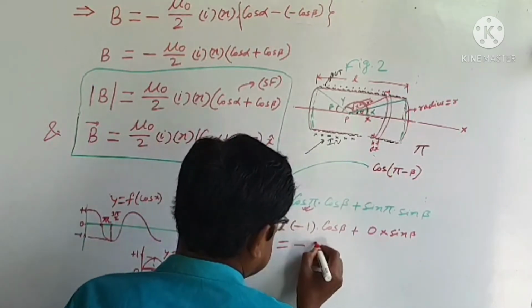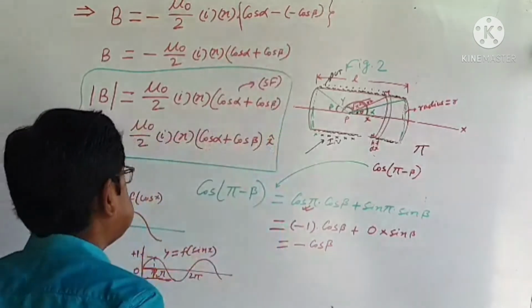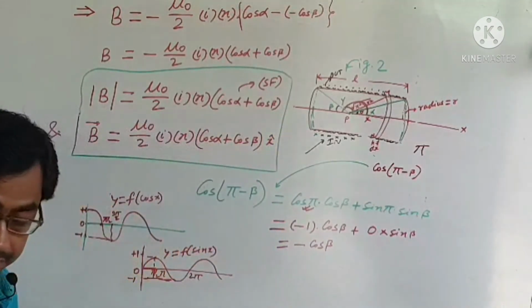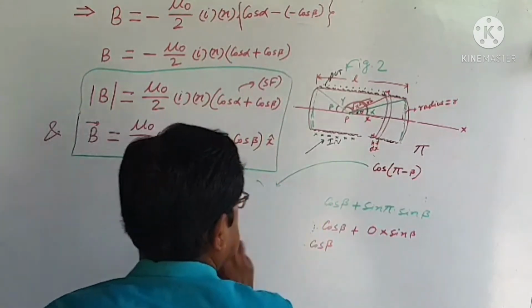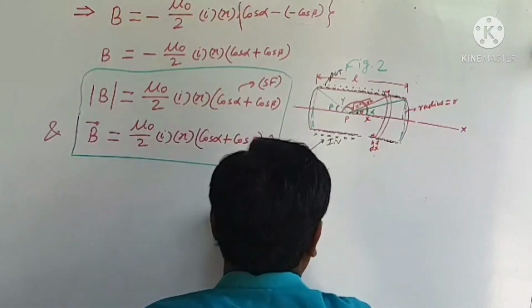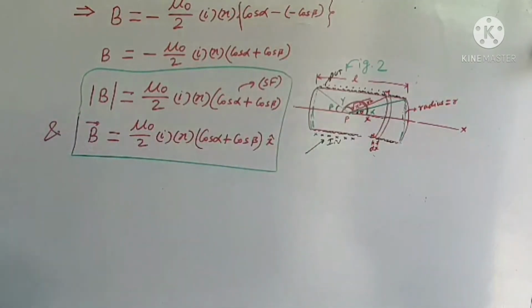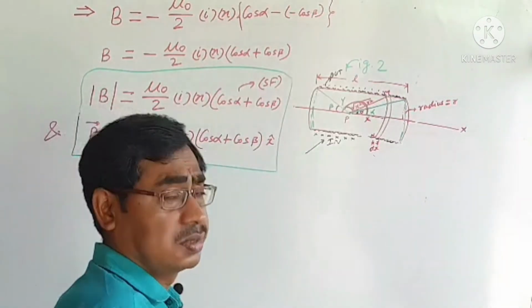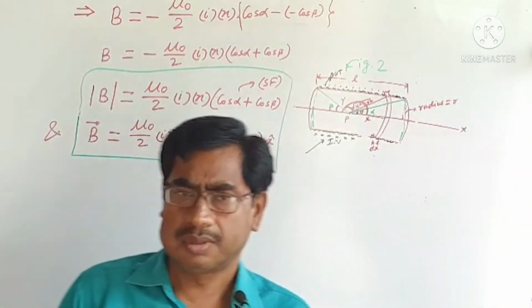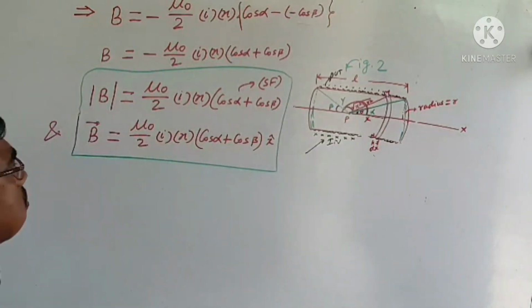So, this is minus cosine of beta, which is taken here. Now, we have derived the final result here. Now, there exist some special cases which we discuss here.